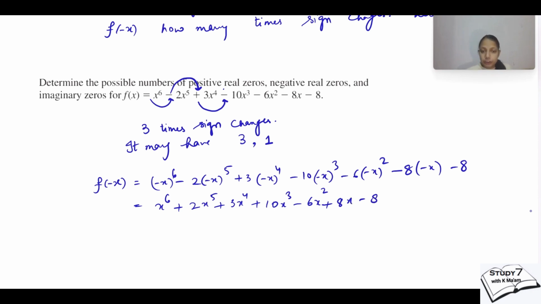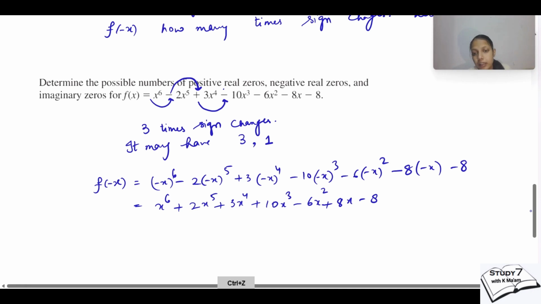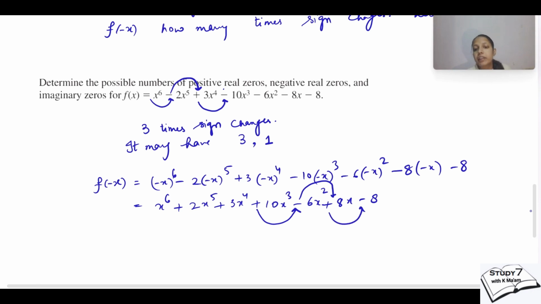How many times did it change? No change up to this. Plus changes to negative. There is plus, plus, plus, so no change. Plus changes to negative, negative to positive, positive to negative again. So total 3 times sign change.